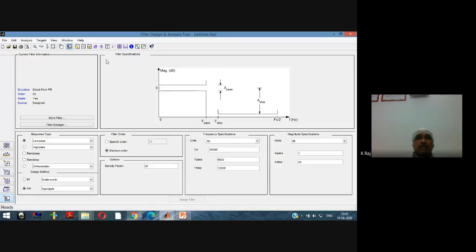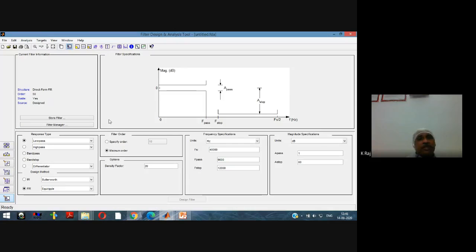In this graphical representation, the filter specification describes the filter that has to be designed: the pass band edge frequency, the stop band edge frequency, the attenuation in the pass band, named the maximum attenuation in the pass band, and the attenuation in the stop band, the minimum attenuation in the stop band. At the same time, the maximum range of the frequency is fs by 2. So the fifth parameter is the sampling frequency, fs.